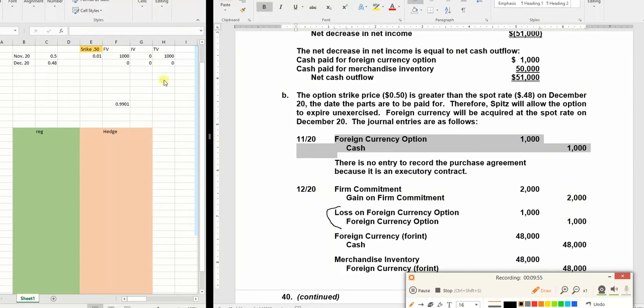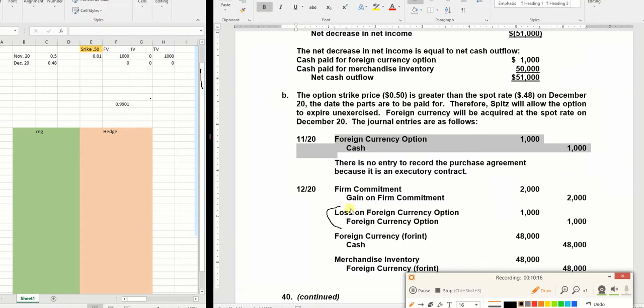Okay, and then I said my firm commitment is going to follow the spot rate. So again, go back and read it if you don't remember that. All right, so notice it's 0.50 and 0.48 is 0.02. So 0.02 times 100,000 is 2,000.